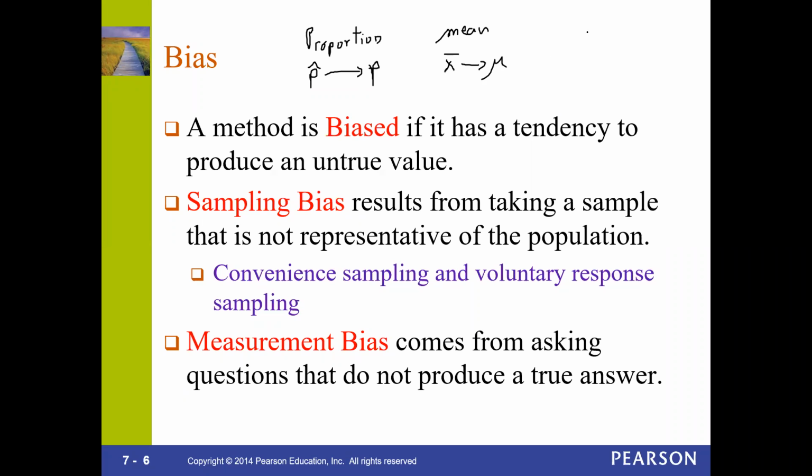And for the standard deviation, we have S, which is trying to express the standard deviation sigma. We say that these values are unbiased. They're not biased.